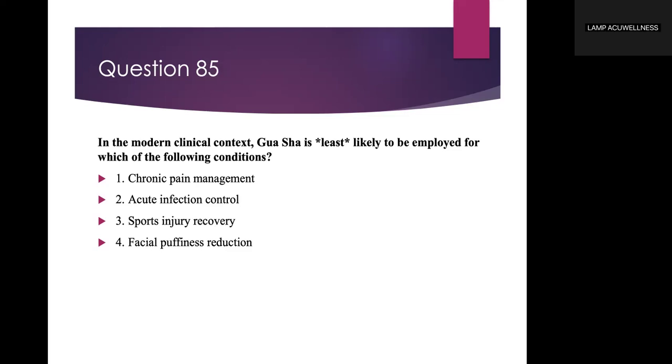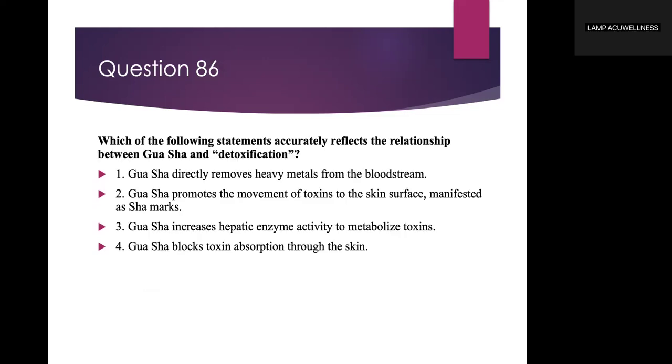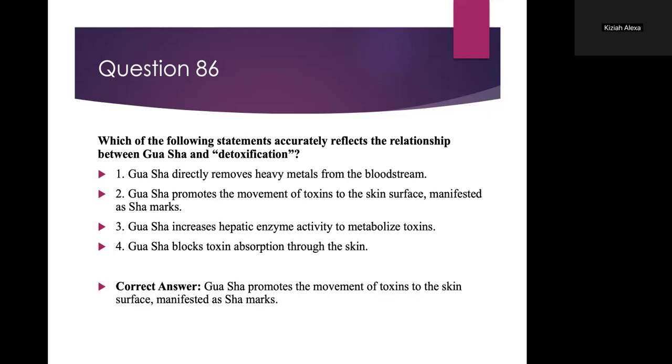In the modern clinical context, gua sha is least likely to be employed for which of the following conditions? Acute infection control. Which of the following statements accurately reflects the relationship between gua sha and detoxification? Gua sha promotes movement of toxins to the skin surface, manifested as sha marks.